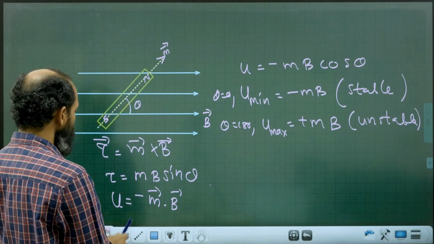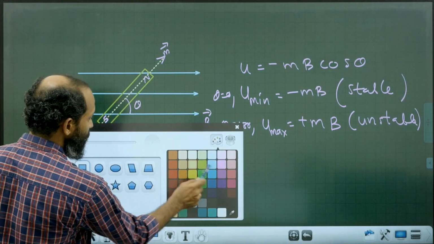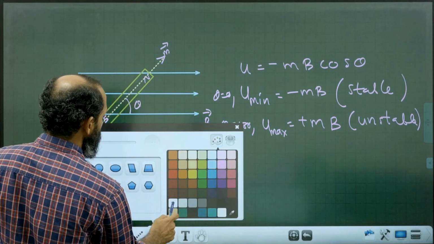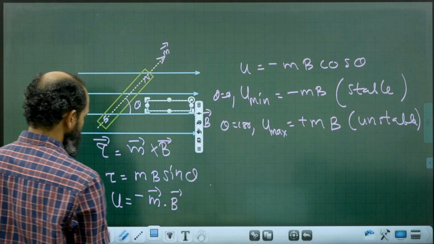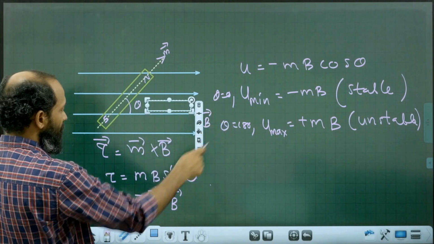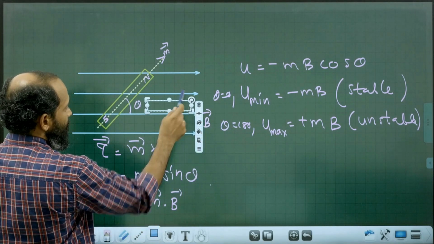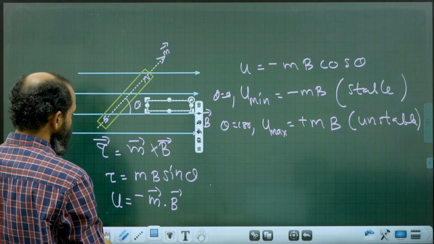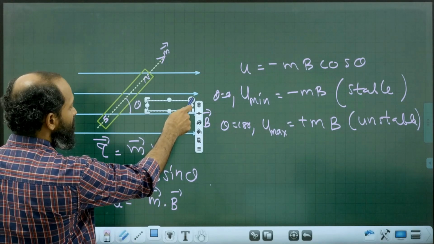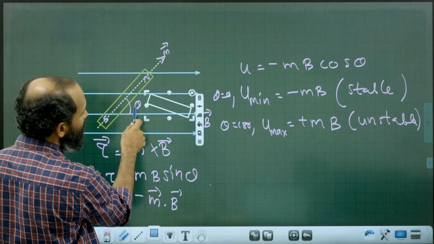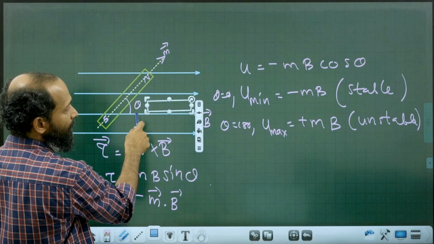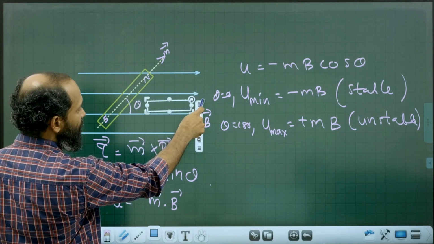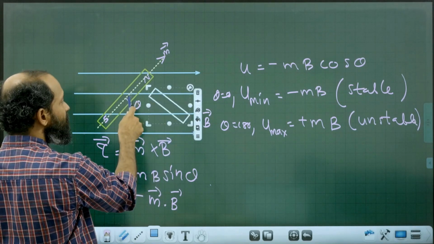So what is the minimum work done by an external agency in turning this dipole from stable equilibrium to unstable equilibrium? Let me show how it happens here. Suppose this is the magnet whose axis is along the field. Now the magnet is to be turned through 180 degrees like this. What is the work done? What is the minimum work required to turn it from stable equilibrium to unstable equilibrium?